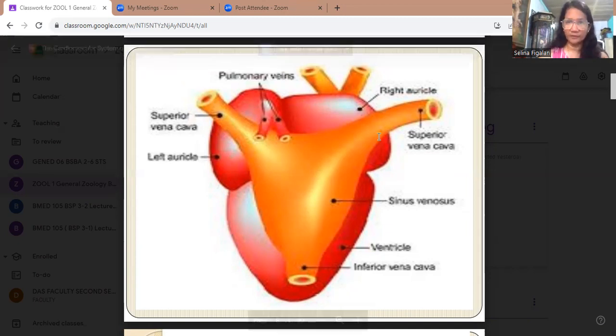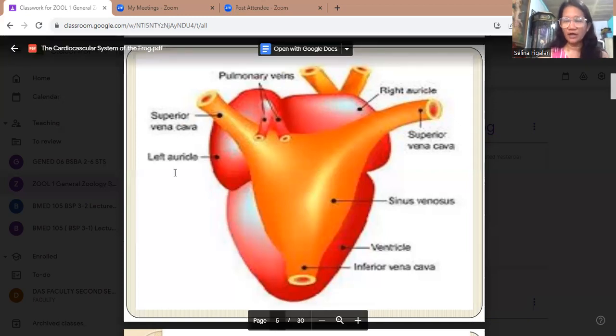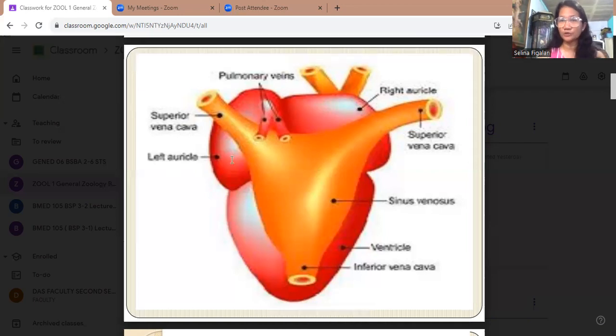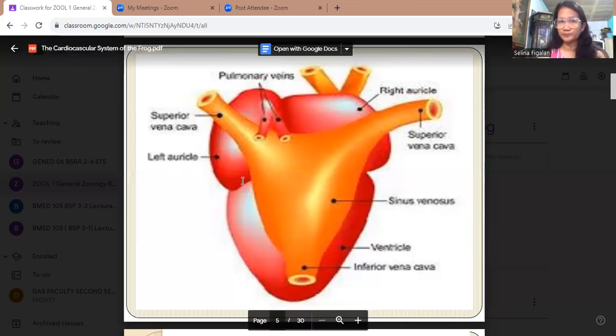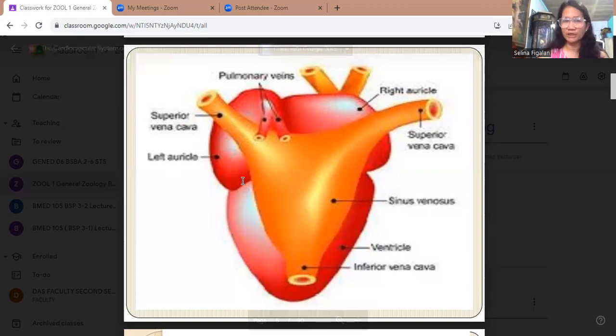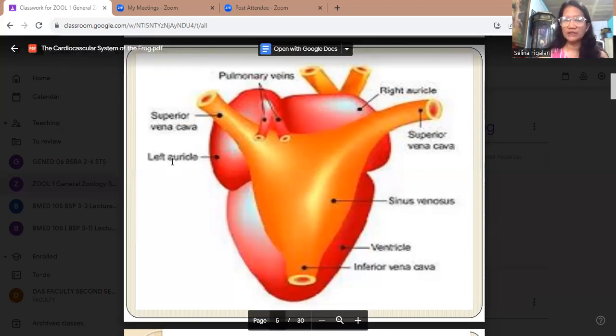Kasi di ba there are three chambers of the frog's heart. Hindi siya four. So meron siyang right auricle and then the left auricle. So you're right, they are known also as the right atrium, and then the other one is the left atrium. Okay, so dalawa yan ha, meron siyang right and then meron siyang left, pero meron siyang isang ventricle lang. Okay, what is the function of this left atrium and then the right atrium or the auricle?